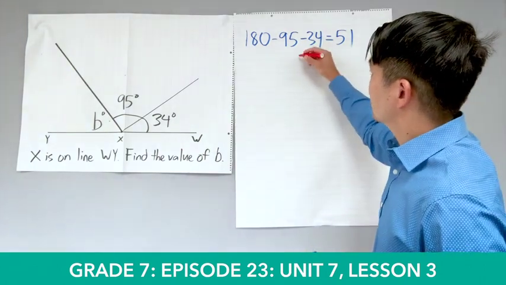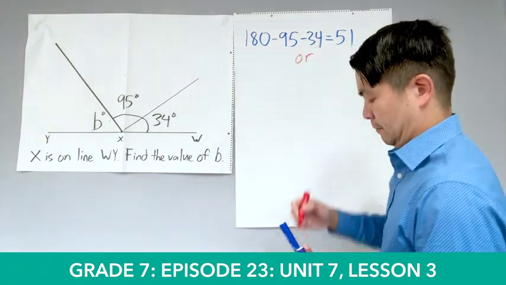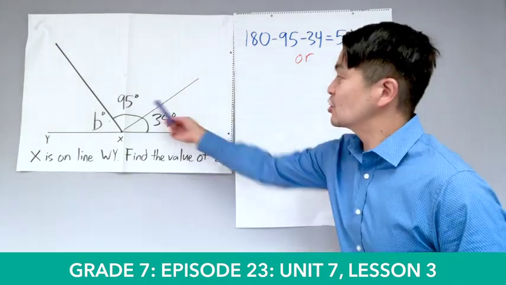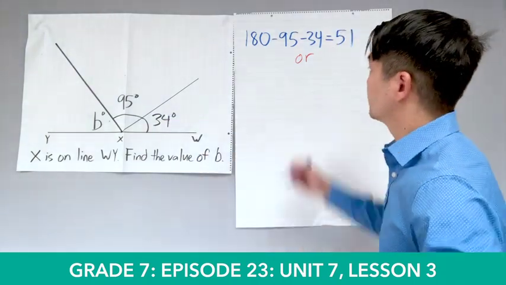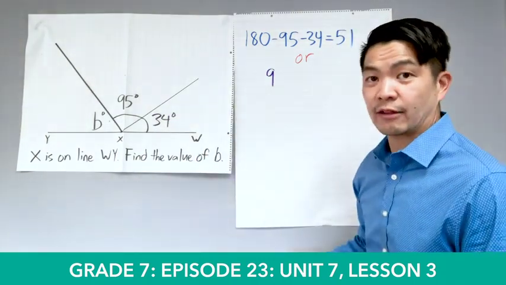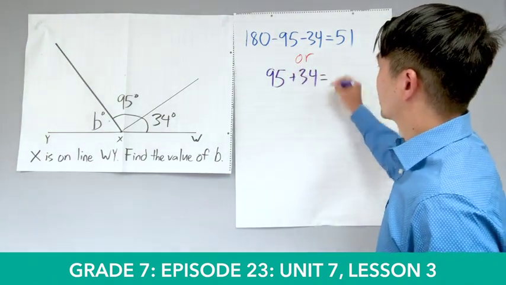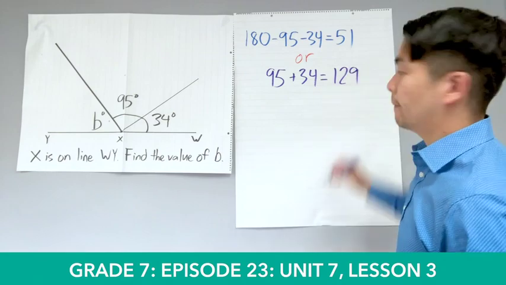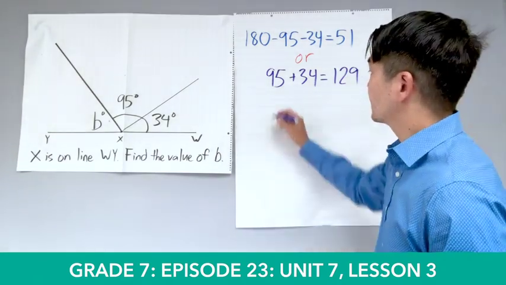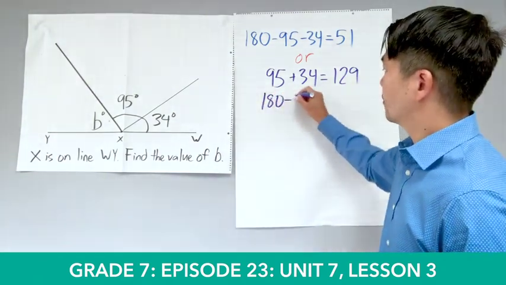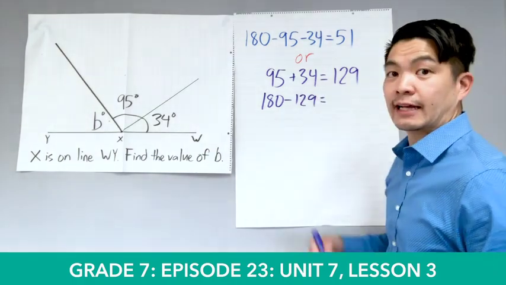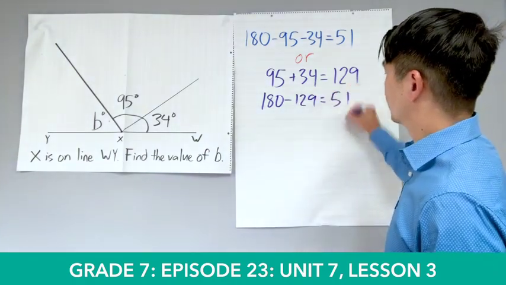Another strategy is to add these two angles up first and then subtract them from 180. So 95 plus 34 gives us 129. And then 180 minus 129 again gives us 51.